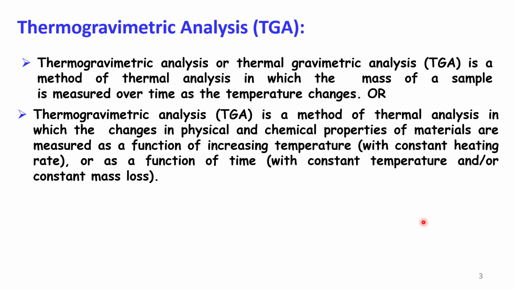In another way, the TGA is a method in which the changes in the physical and chemical properties of materials are measured as a function of increasing temperature with a constant heating rate, or as a function of time with constant temperature or constant mass loss.